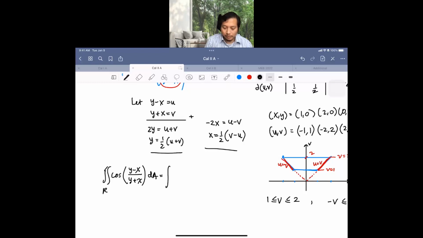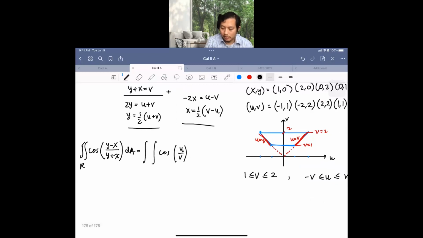And then this will be equal to cosine of u over v, du dv, with u from negative v to v and v from 1 to 2. Oh, the Jacobian. I forgot the Jacobian. So half here. Okay, so take half outside.